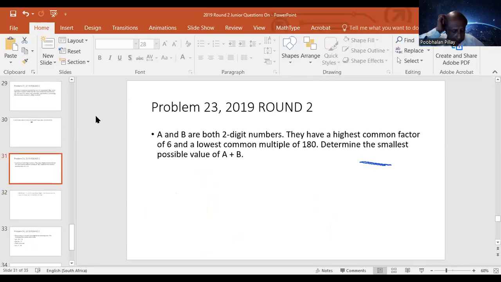Now it's getting a little bit, as I said, as you go further down the line, they become more and more difficult. Now you've got A and B, both 2-digit numbers, like 35, 93, or whatever. They have a highest common factor of 6. You come across highest common factors.